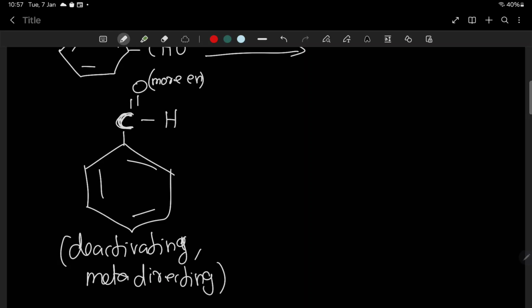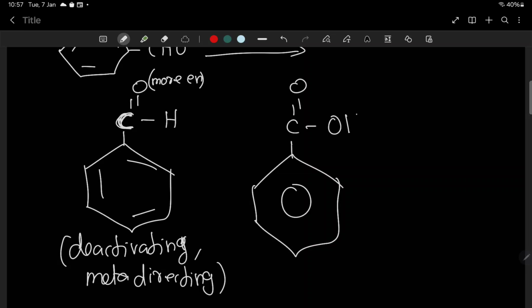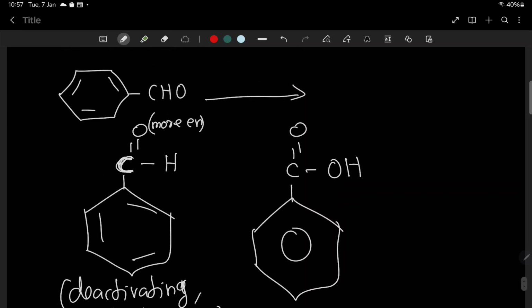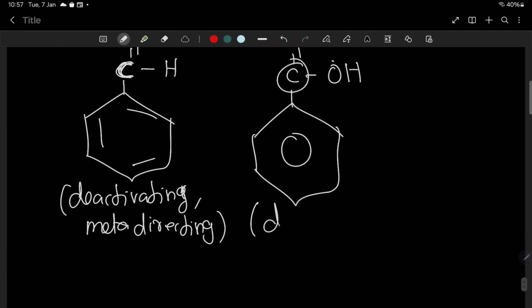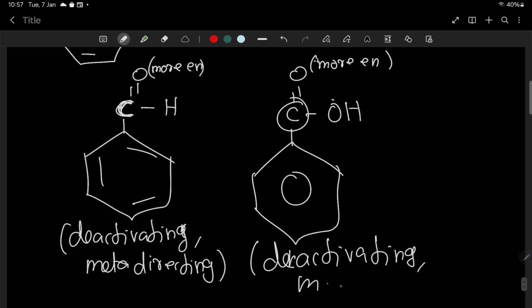Understand this. Another example for the same: you have C double bond OH, carboxylic acid or benzoic acid. Carbon is attached to a more electronegative group, so understand this is a deactivating meta-directing group.